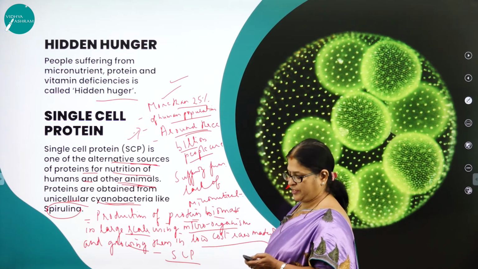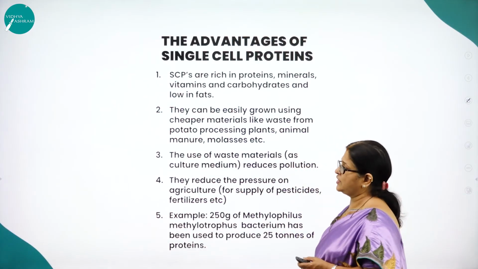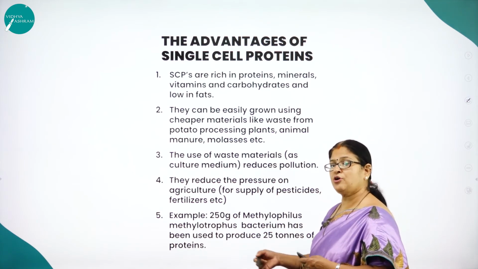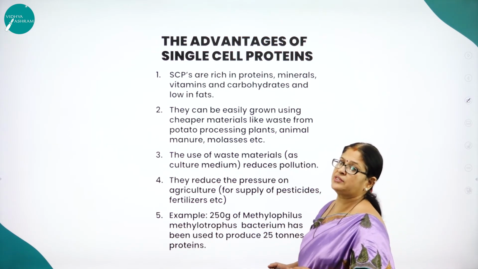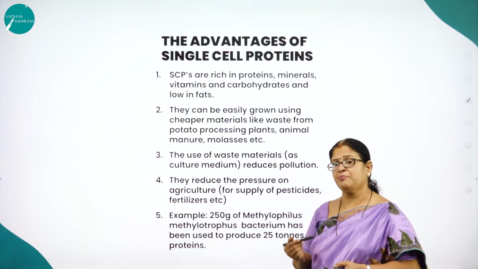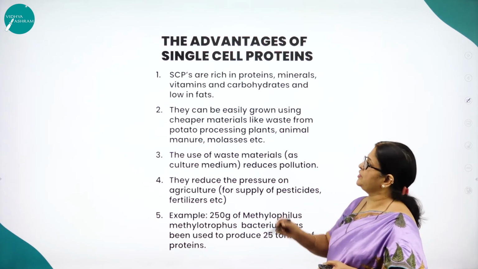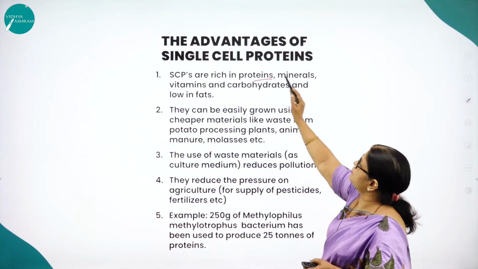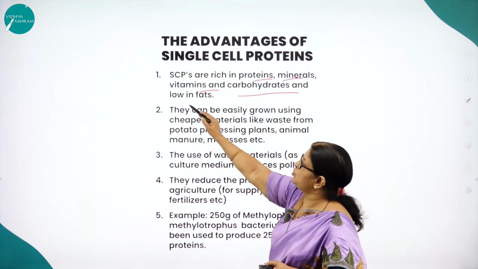Now, what are the advantages of single cell protein? In order to compensate for the lack of micronutrients and proteins, SCP is the main source. Single cell proteins are rich in proteins, minerals, vitamins and carbohydrates, and low in fat.